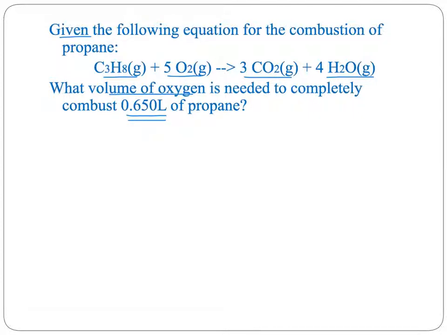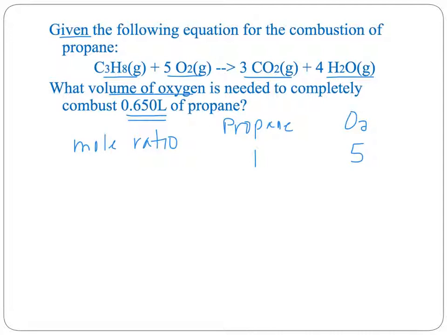And so you just need your mole ratios to solve this problem, because we can go directly from mole ratios to volume. So we've got propane over here, C3H8, but I'll just write out the word propane, and then oxygen. And propane to oxygen, the mole ratio is 1 to 5.